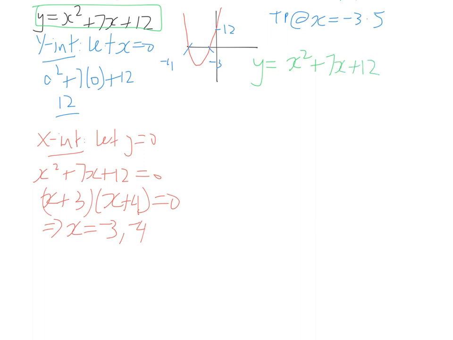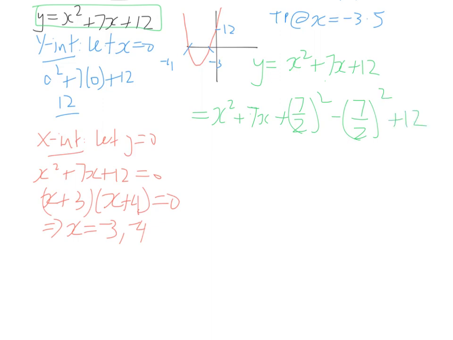Now, if we are completing the square, what we want to do is we want to rewrite the x squared. So equals, I'm going to write over here, I've got a bit more room, equals x squared plus 7x, and then this 7, we're going to halve it and square it. So I'm going to say plus 7 over 2 all squared, but I'm going to leave it in that form, minus 7 over 2 all squared plus 12.